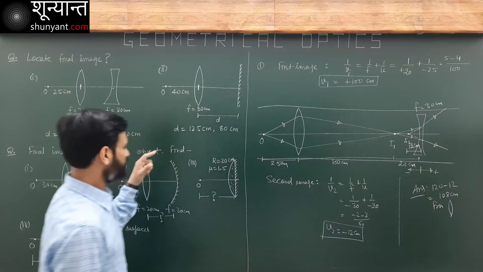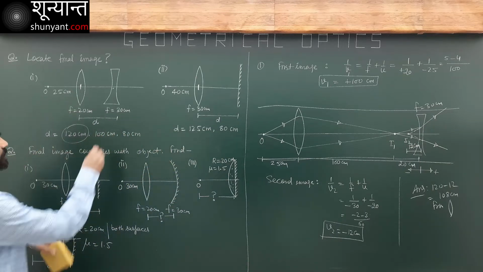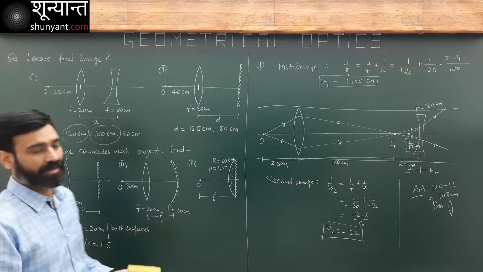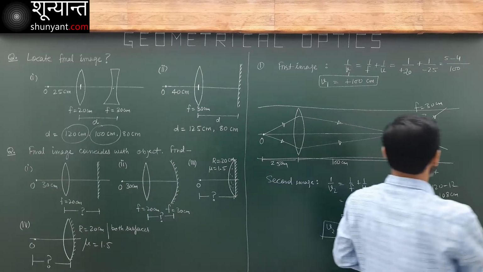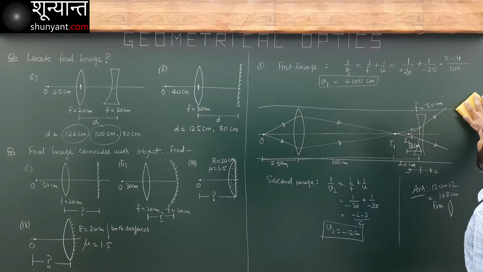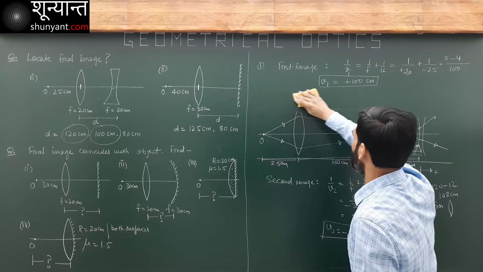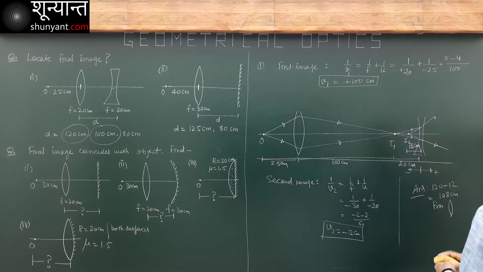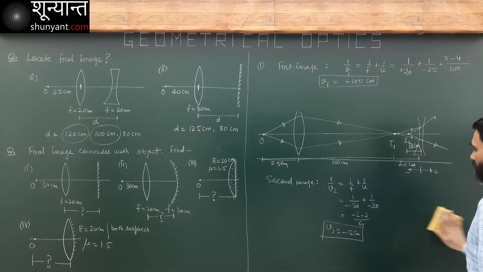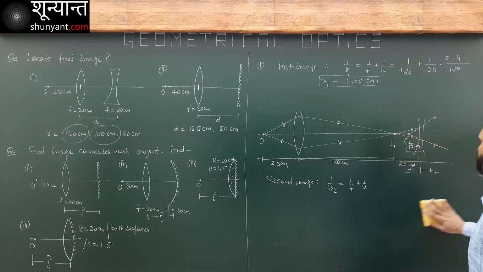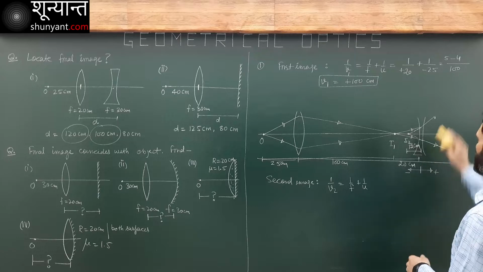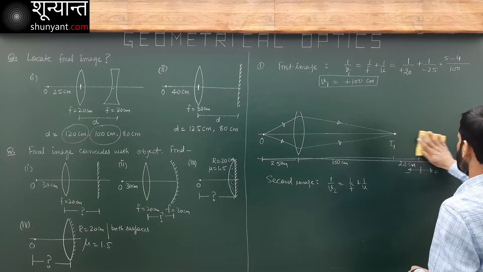So this is for the first case. Now, what about 100 centimeter? The meaning of 100 centimeter is that before the image is formed, I am intercepting these light rays. I do not allow the light rays to converge. So my lens is not here.